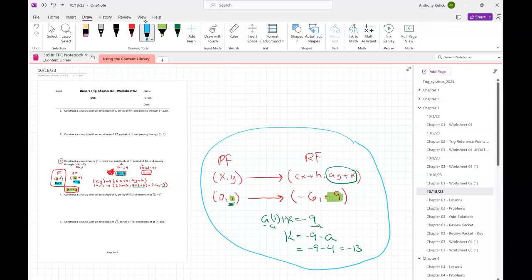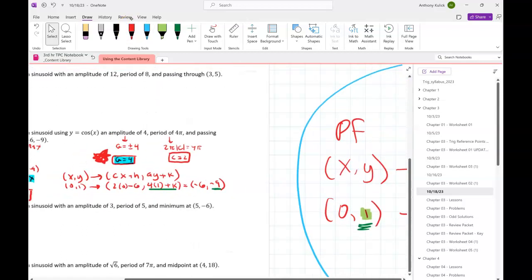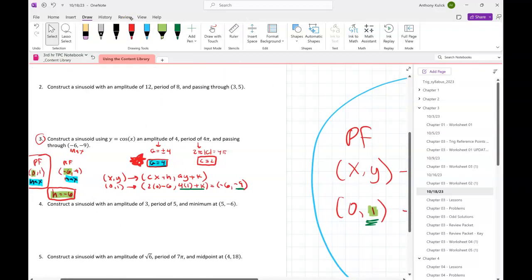Okay? Ava, did I hit your question? I know I'd asked you to hold on for a second. Yeah, so how would you do sine? How would you figure out what function is best for the information? So if this wasn't told to use cosine, I would use sine because we're not told what kind of point (-6, -9) is.